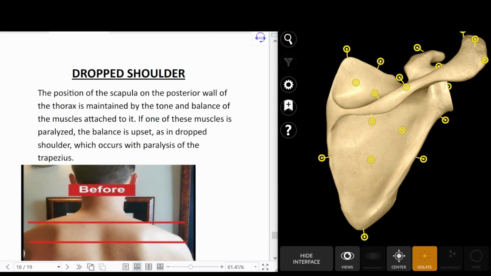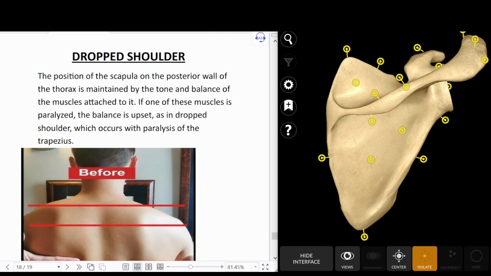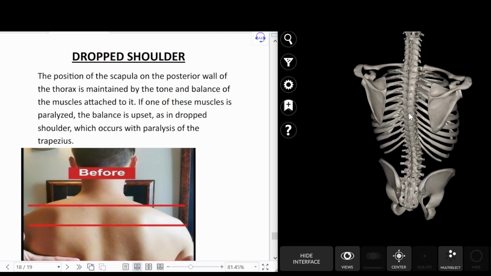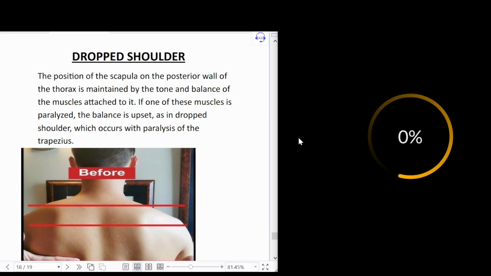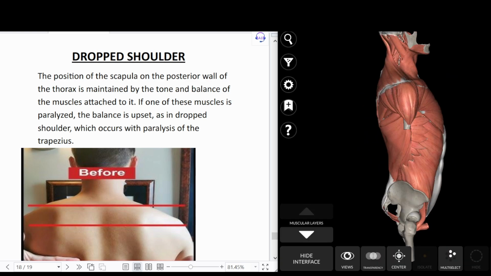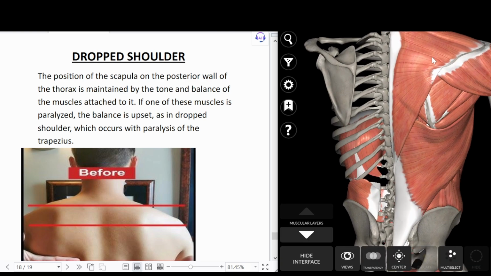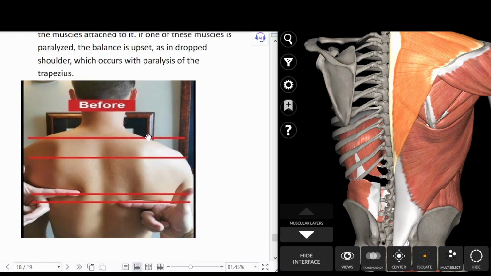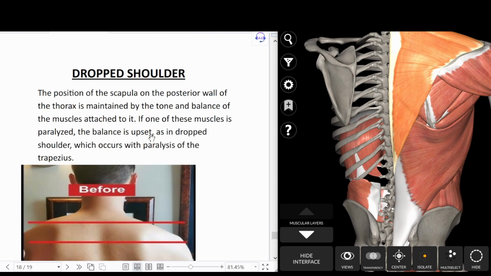So in drop shoulder, paralysis or weakness of the trapezius muscle occurs. This is your trapezius muscle, and it's holding your scapula in place with other muscles. So when there is a paralysis or weakness of this muscle, your shoulder will be dropping. Okay, so this is dropped shoulder.